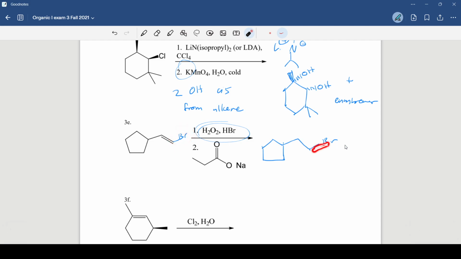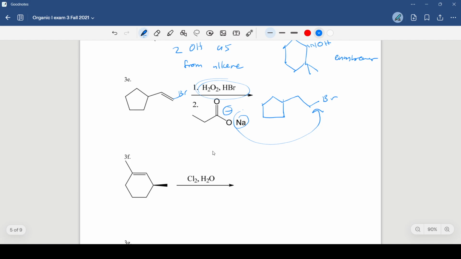So now we know it's anti-Markovnikov. Put the Br on this end, and now what do we have here? We have Na. That's going to be a strong base, so we're just going to use it to attack. Boom. Then here I would count carbons just to make sure, because if you're adding a nucleophile like this, it's good to count carbons.